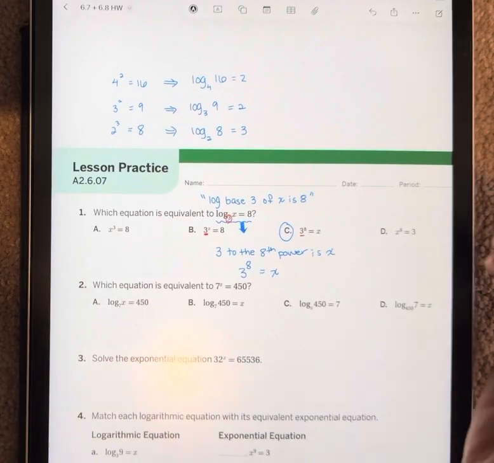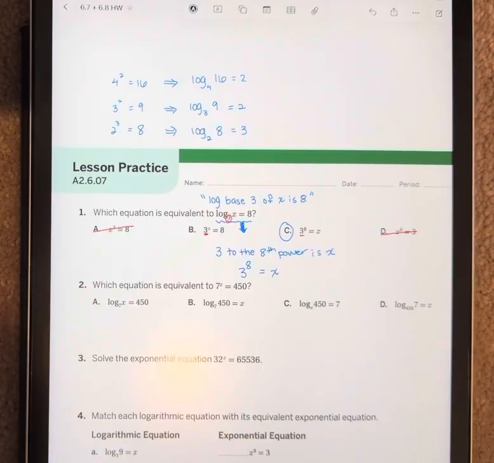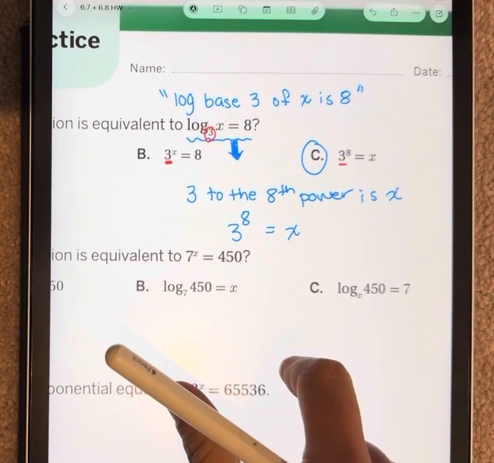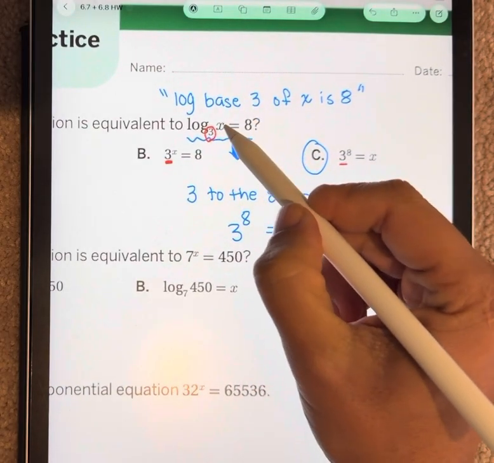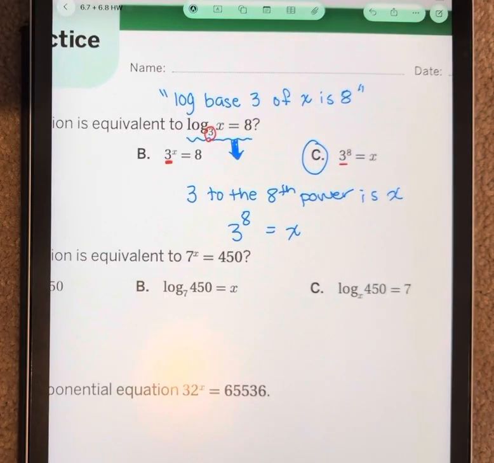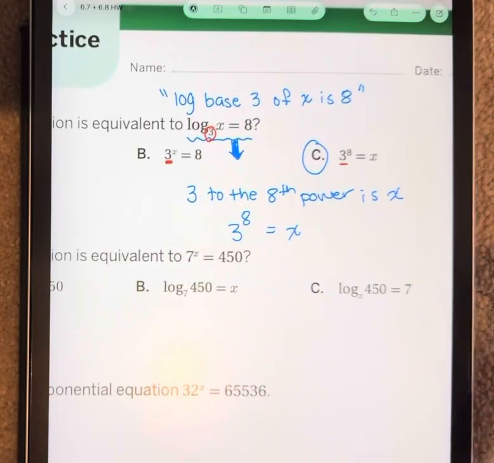So it cannot be these two whose exponent bases are x, okay? So exponent base must match log base. And then the next thing I know is that the order in which these appear cannot be exactly the same. So it can't be 3, x, 8 in the same order.